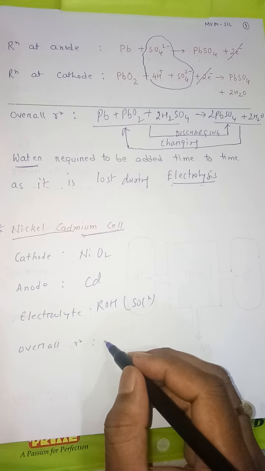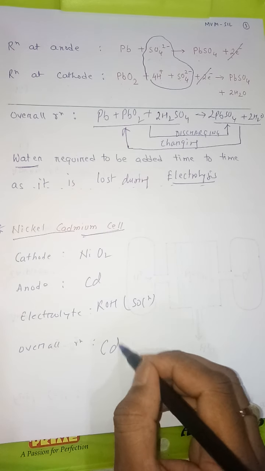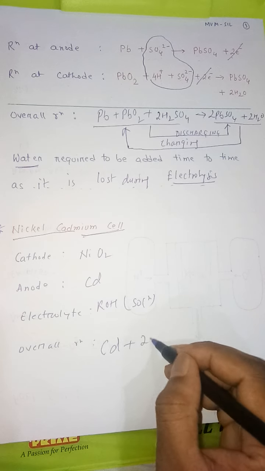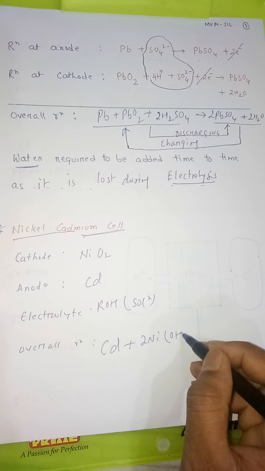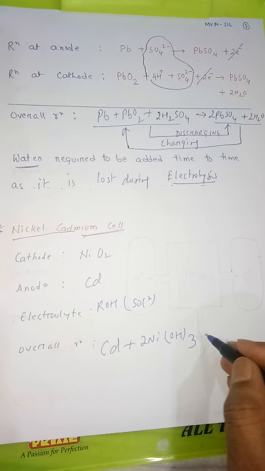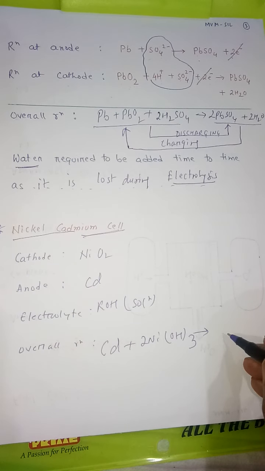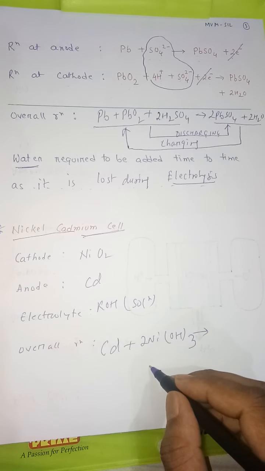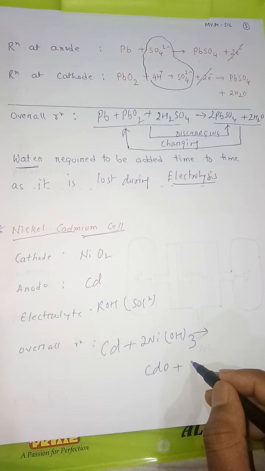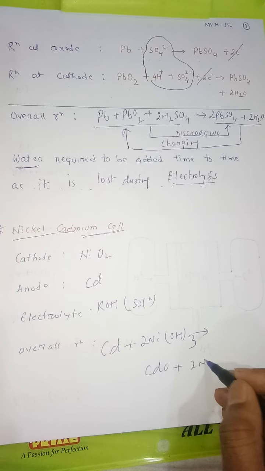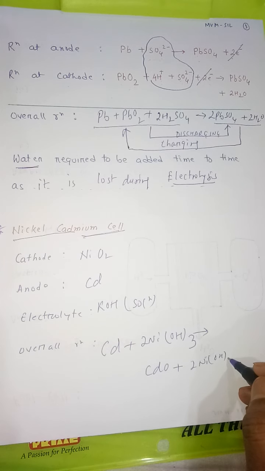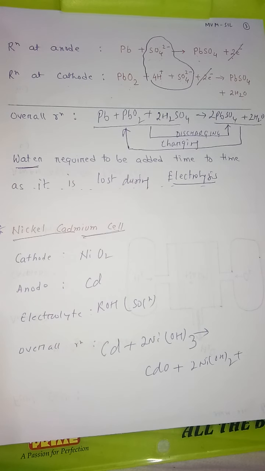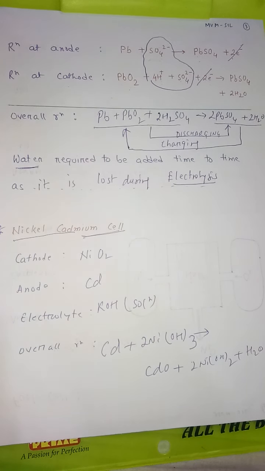So the overall reaction in this one: cadmium reacts with nickel hydroxide, gives what? Cadmium hydroxide and 2 Ni(OH)2, and water. So these things you have to learn for this one. Okay, the next point we'll take in the next video.